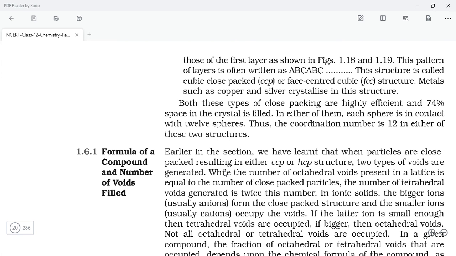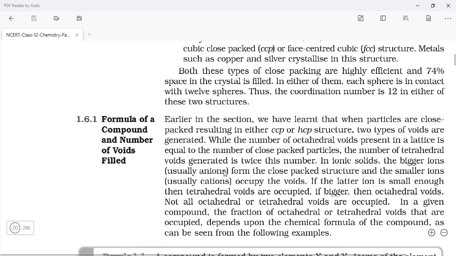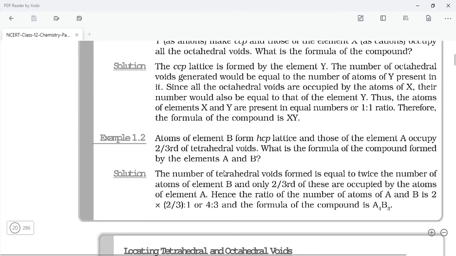If the cation size is small enough, then tetrahedral voids are occupied; if bigger, then octahedral voids. Not all octahedral or tetrahedral voids are occupied. In a given compound, the fraction of octahedral or tetrahedral voids that are occupied depends upon the chemical formula of the compound, as can be seen from the following examples.